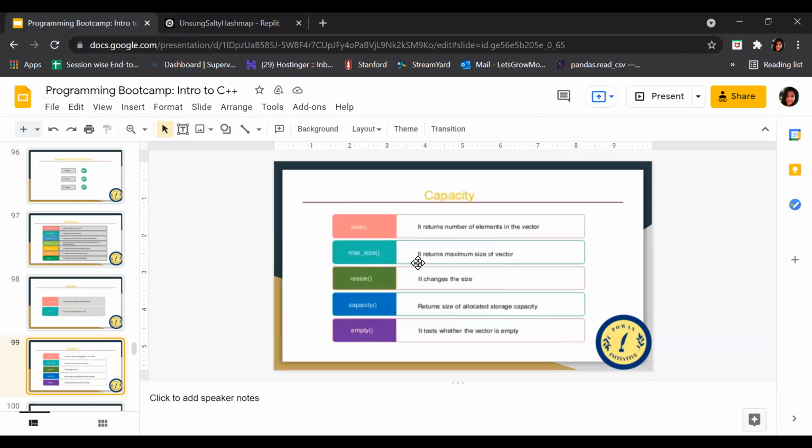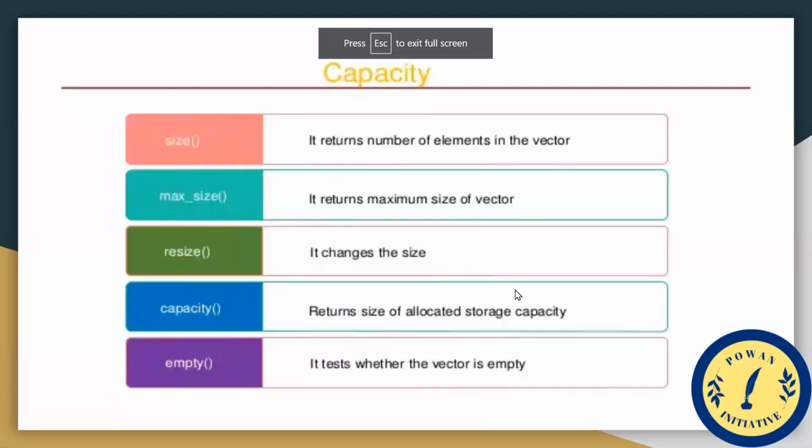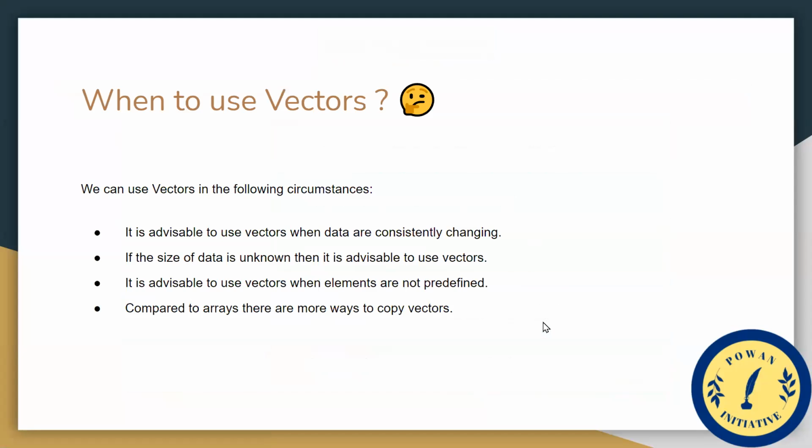Okay. Again, let's go back to the theory part. What do we have next? We have done capacity. Now you may be asking: we already have arrays, so why are we using vectors? We can use vectors in the following circumstances.